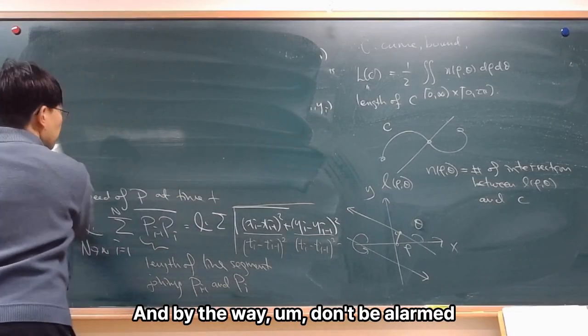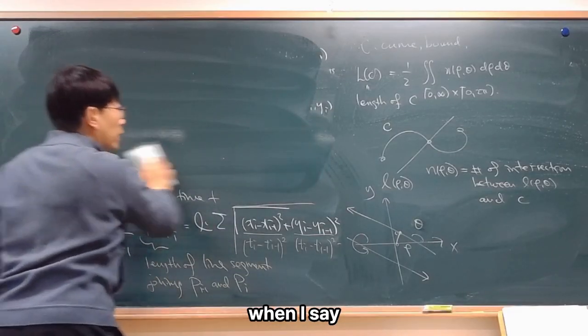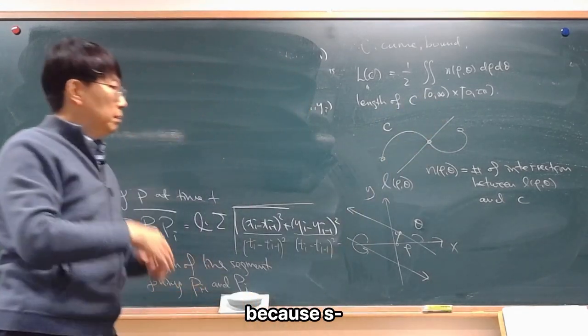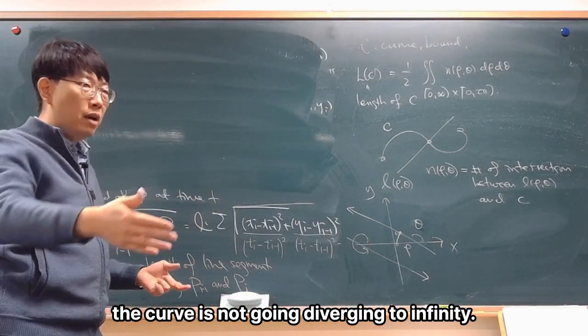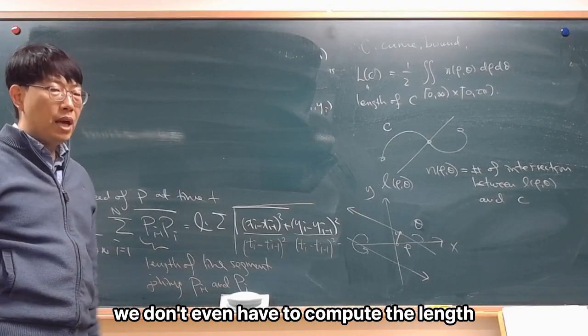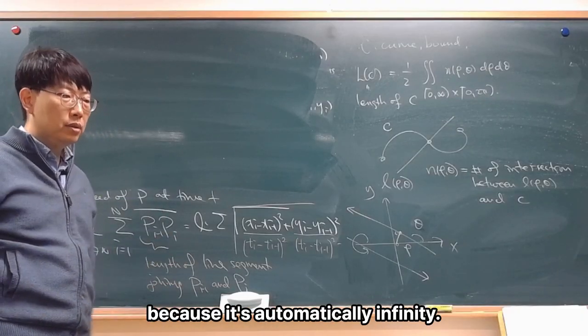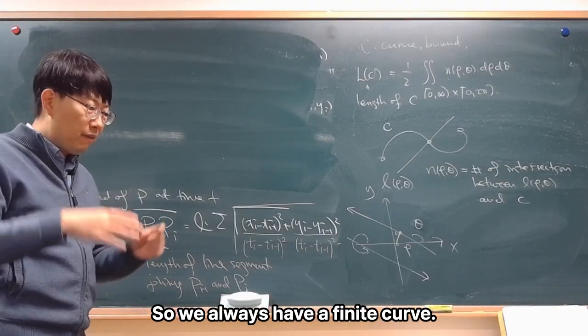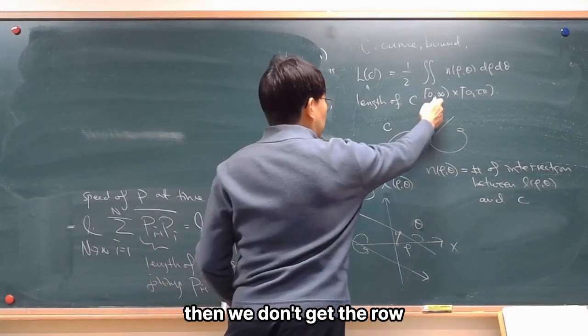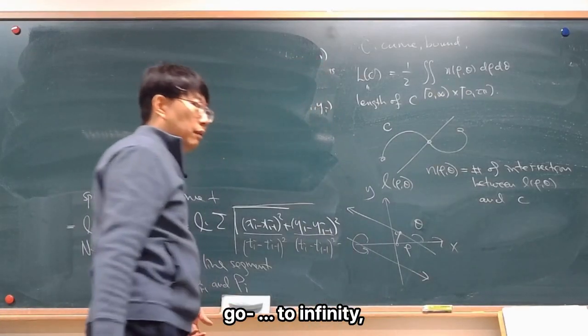By the way, don't be alarmed when I say the domain is from 0 to infinity, because the curve is not diverging to infinity. If the curve is diverging to infinity, we don't even have to compute the length because it's automatically infinity. So we always have a finite curve.